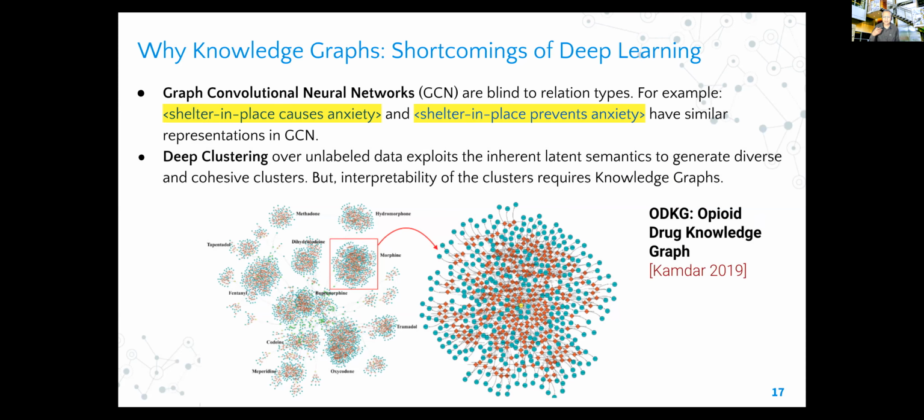But then you incorporate into those clusters specific knowledge about the domain. In this particular case, I'm talking about opioid drug knowledge graph. I've given the citation. You are able to see within that specific labels that are meaningful through their association with other labels that you can find in a knowledge graph.